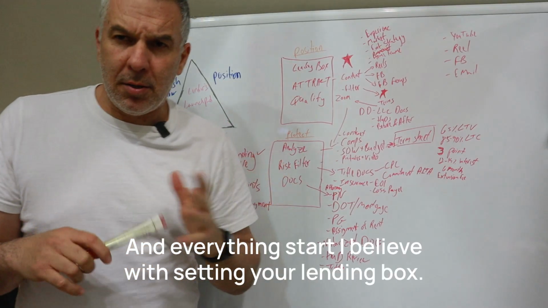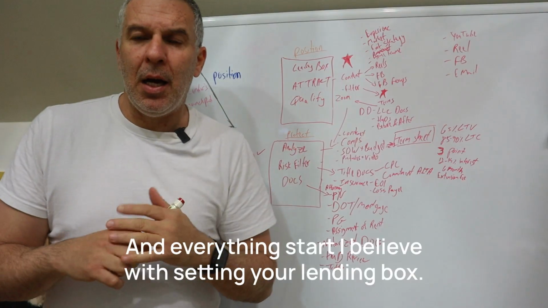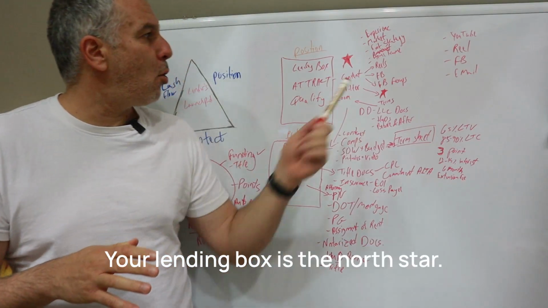Everything starts, I believe, with setting your lending box. Your lending box is the North Star.